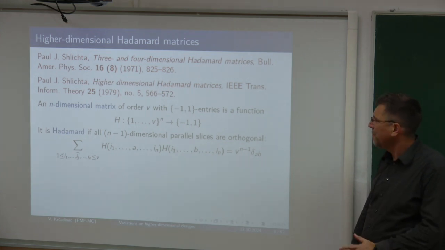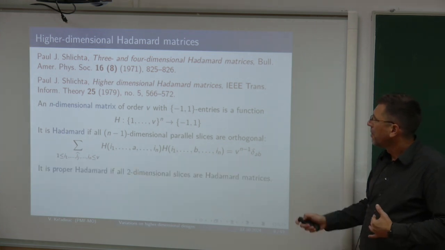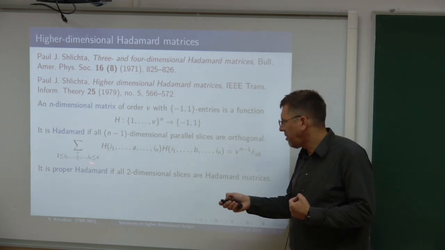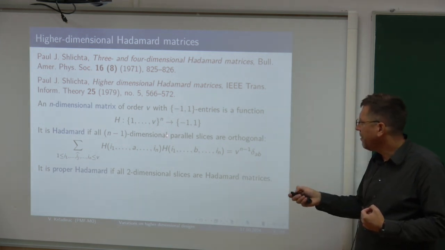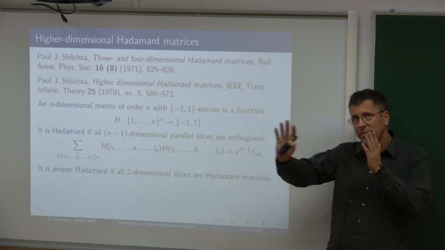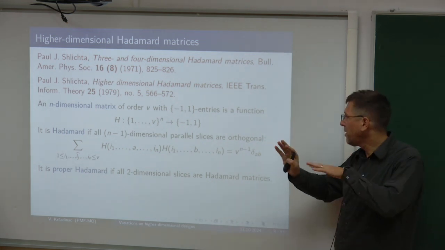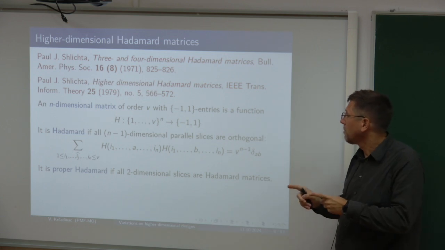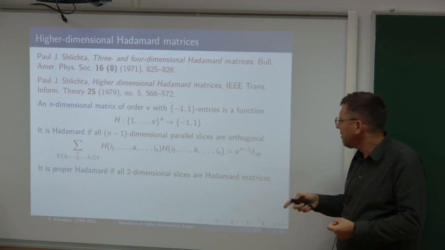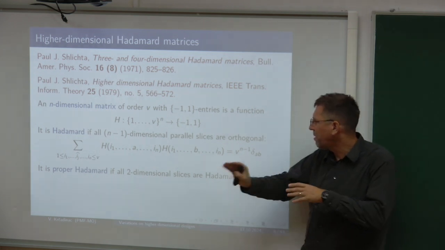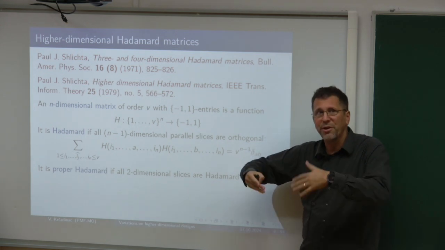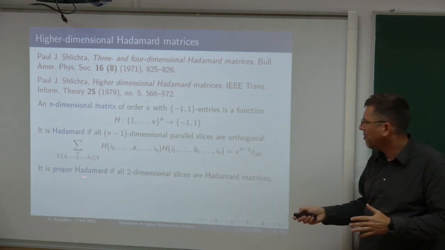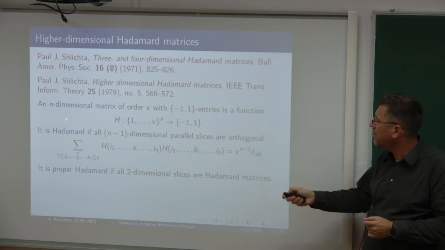There is another definition, also in his paper. A proper Hadamard matrix is such a function that whenever you take a two-dimensional slice, so you fix all coordinates except 2, so you get an ordinary two-dimensional matrix, it has to be Hadamard. So all of these two-dimensional slices in all directions have to be Hadamard matrices. Actually, this is a stronger definition. So whenever this is satisfied, then it is Hadamard.